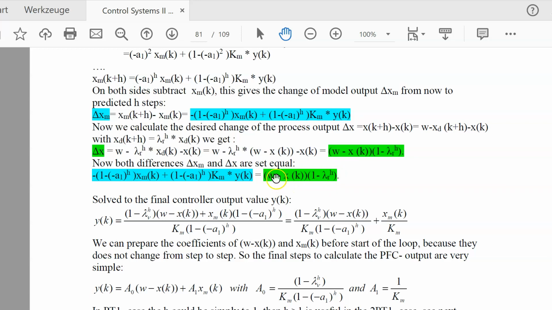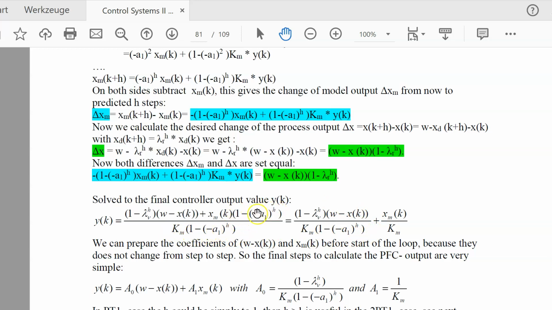So this is now: W is given, this is measured, this is calculated by the model, and I can solve this now to y of k. This solution comes here in this equation. So very simple, y of k is the green part plus this divided by this. And you see this is the expression in this equation, and this is modified a little bit by, you see here is a 1 minus a1 to the power of h.